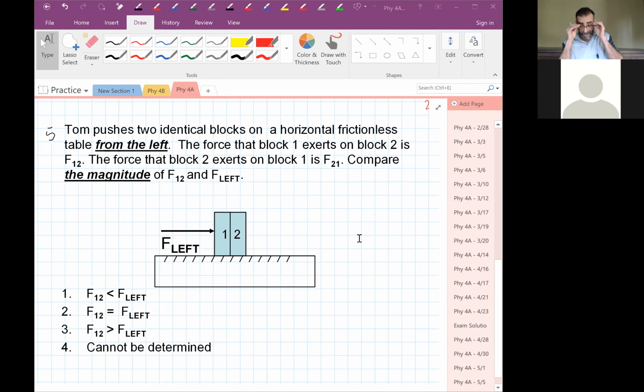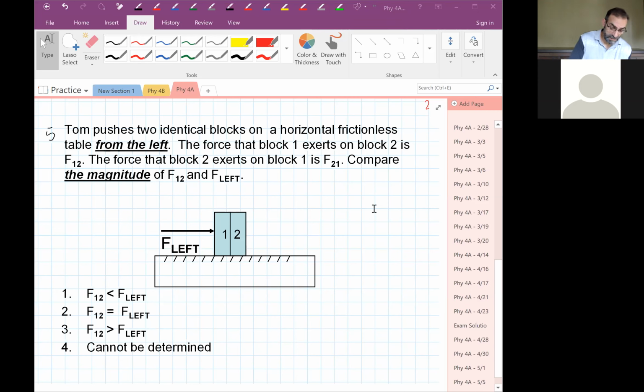Think about what's being accelerated by those forces.